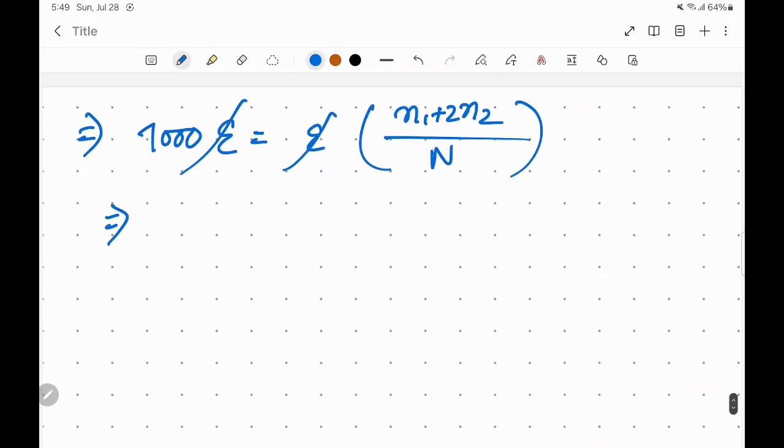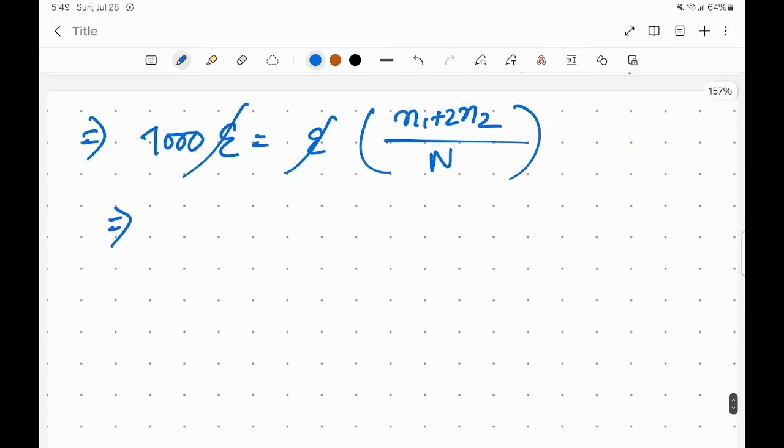So now you have to calculate N1 and N2. Then only you can calculate. Otherwise, how can you calculate the capital N? Because you need two variables, right?